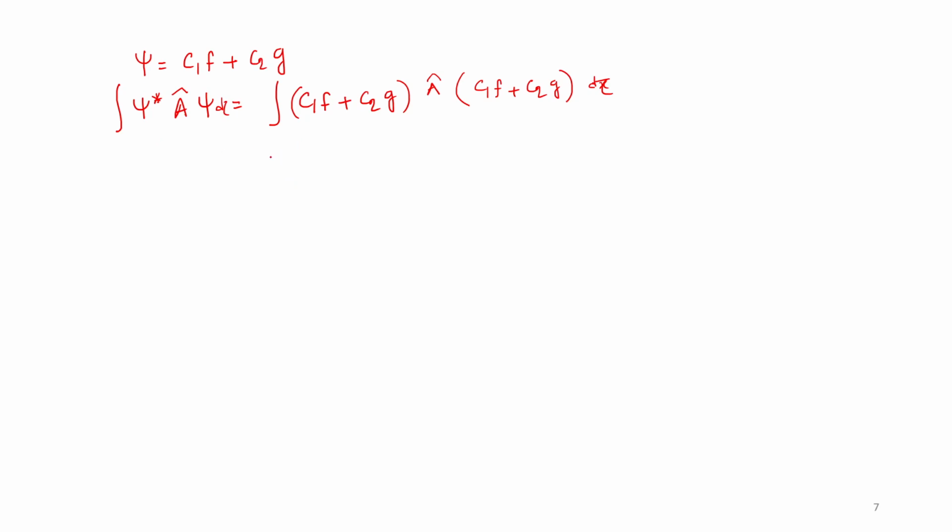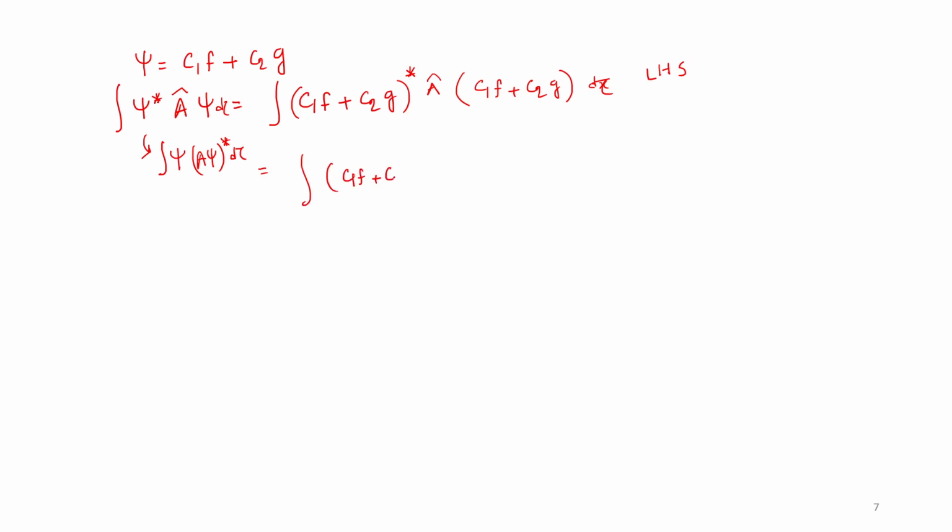And if it is Hermitian, then what we are expecting is that this will be A psi whole star, right? Something like that will come. So this is the left hand side, and what is the right hand side?